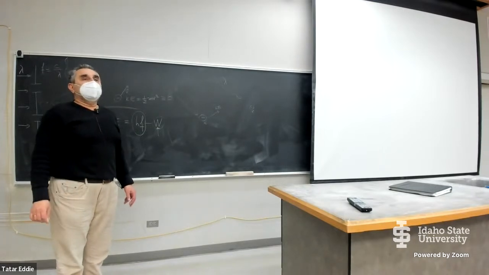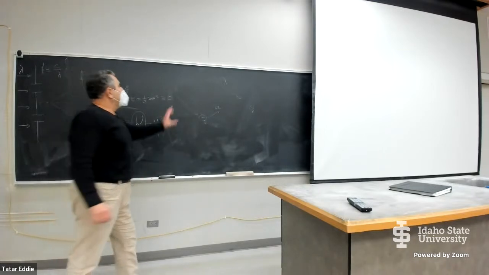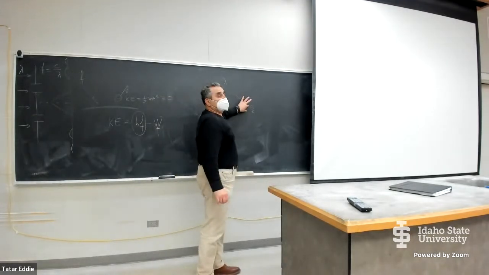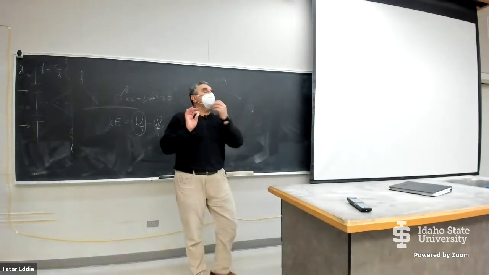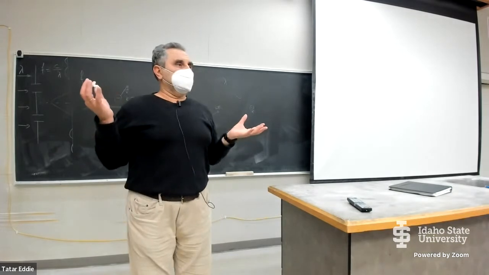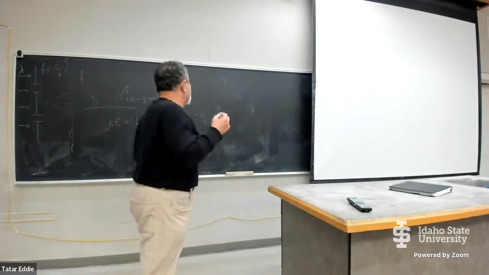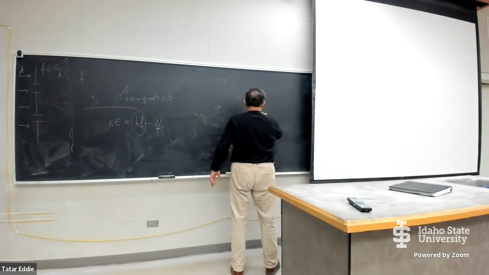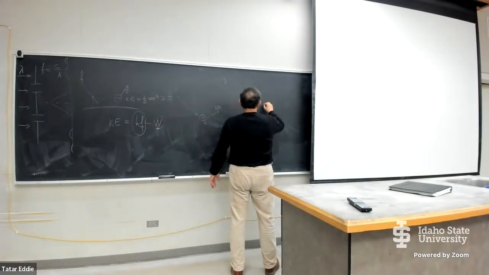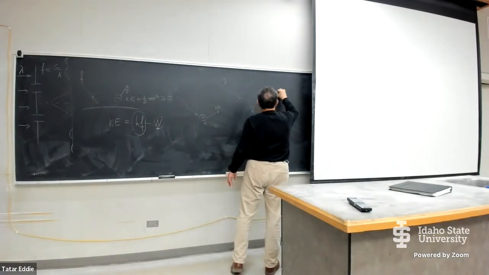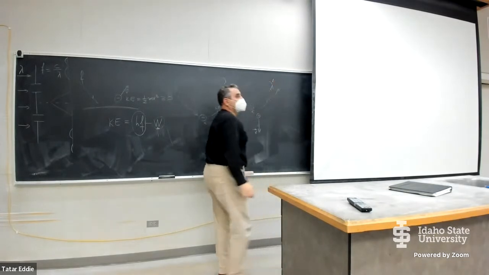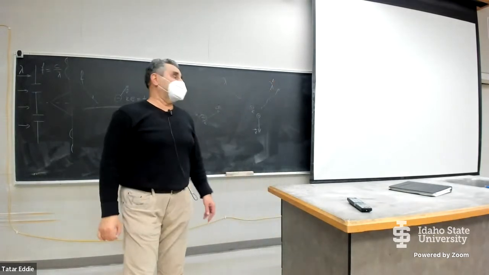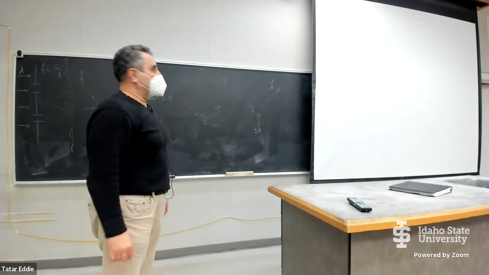You have a collision between a photon and an electron. But now the collision is not completely inelastic. Now you have a recoiled electron coming, let's say, this way. And you have a recoil photon with a different frequency, with a different wavelength, lambda prime, going this way.